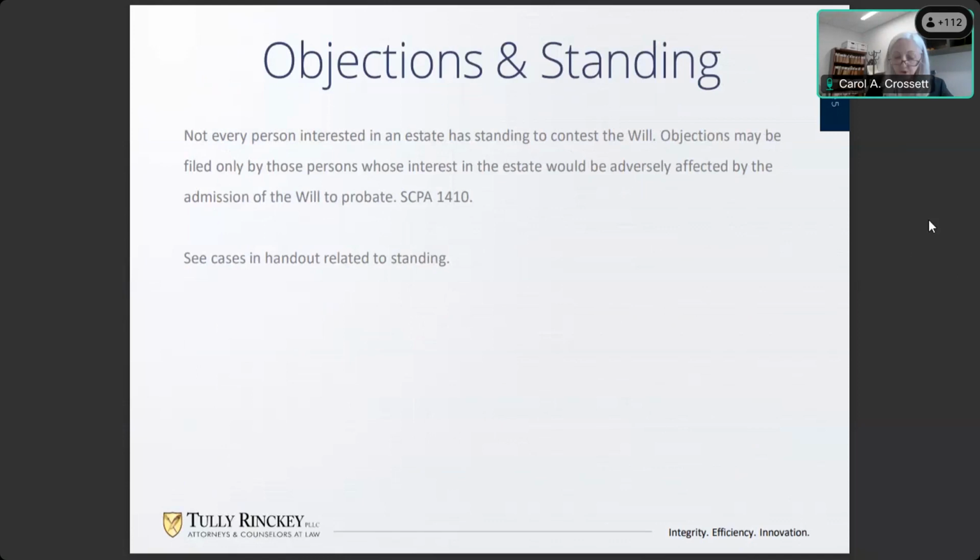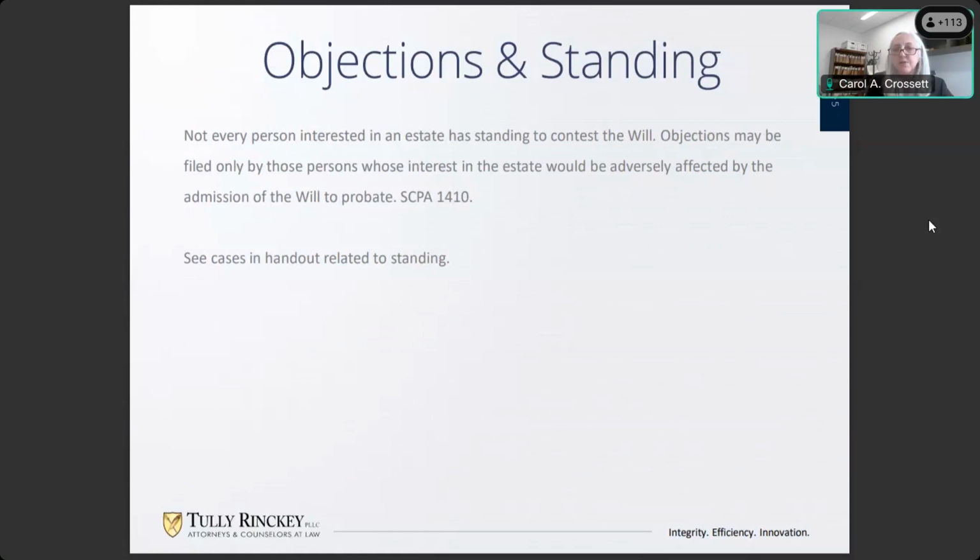And it's because they are determined not to suffer any pecuniary loss. And in that event, they may challenge the eligibility of the nominated executor, or because they believe that the nominated executor does not meet the qualifications.